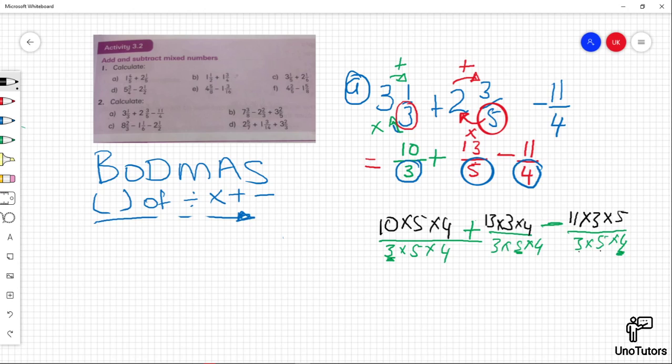Now let's write this as one single fraction. We have 60 on the bottom.